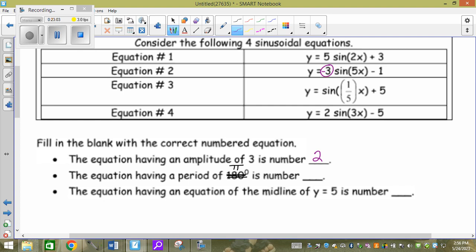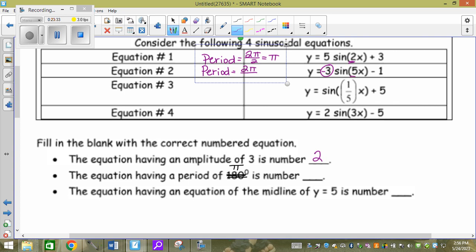Remember, the only 2 formulas on your formula sheet are the equation of the sine function and the period, how to find the period from a sine function. So the period of this one equals 2 pi divided by b. B is always what falls between sine and x. So this one is pi, which happens to be the right answer. This one, the period equals 2 pi divided by b.